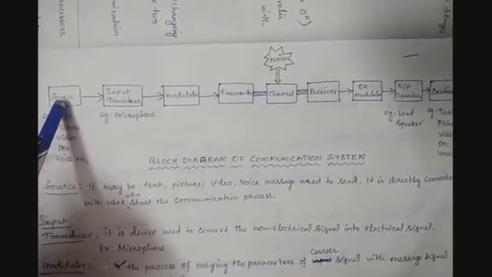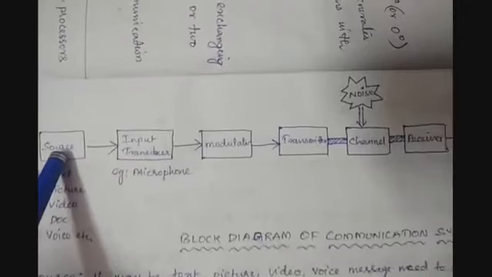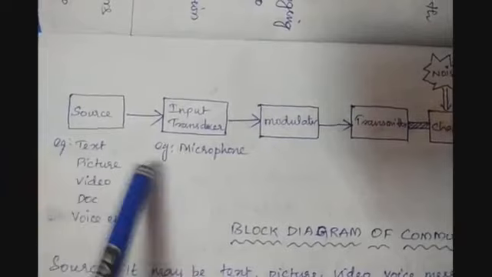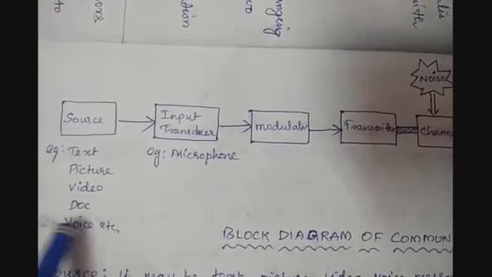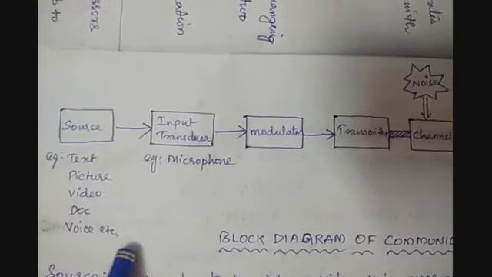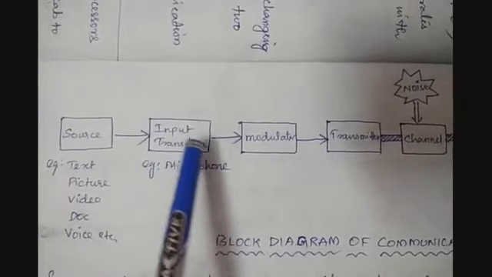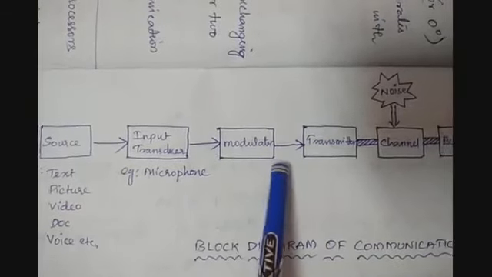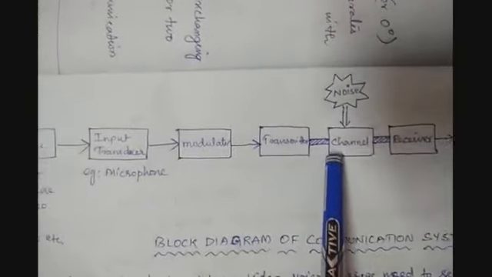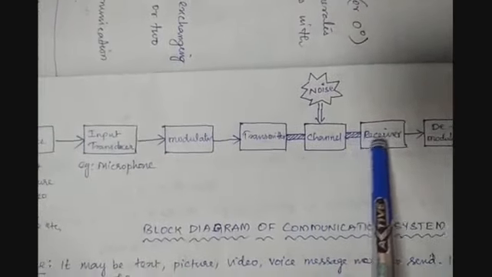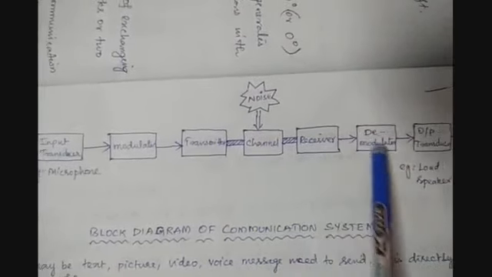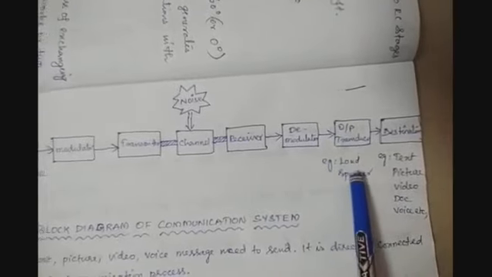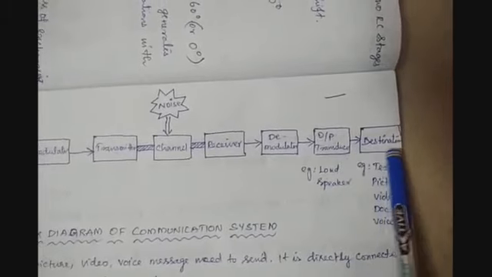See, the first block is source. I'll show you one by one. Source may be text, picture, video, document or a voice, etc. And input transducer, example microphone, modulator, transmitter, channel, receiver, demodulator, output transducer, example loudspeaker, and destination.